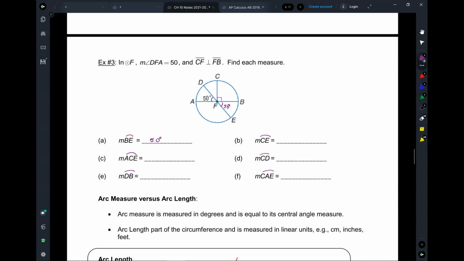Okay, what else do we know here? ACE. So the first part until B, that was 180 plus the 50, that's 230. Measure of arc DB, this one, that's 180 minus the 50, so it's 130 degrees.